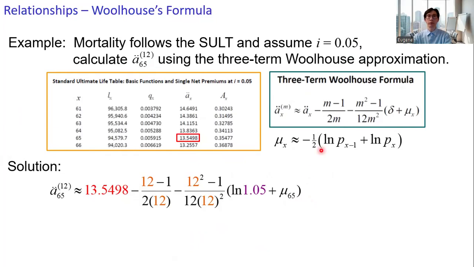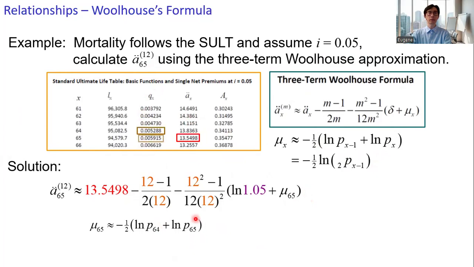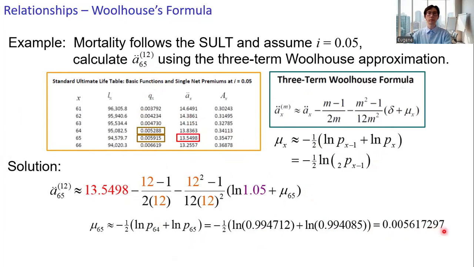The approximation for mu x. We can make use of the qx columns to get p64 and p65. And then we can get the approximated value for mu 65. Or we can use the lx column.